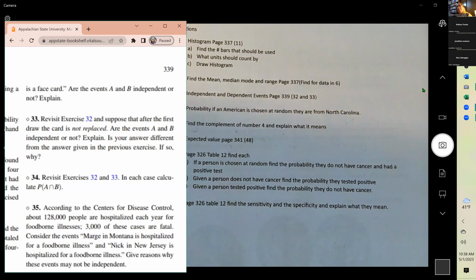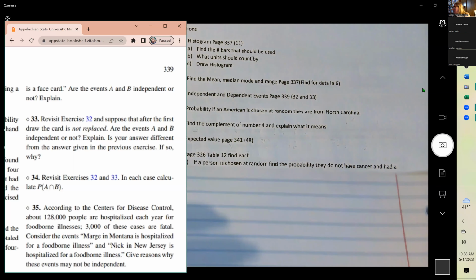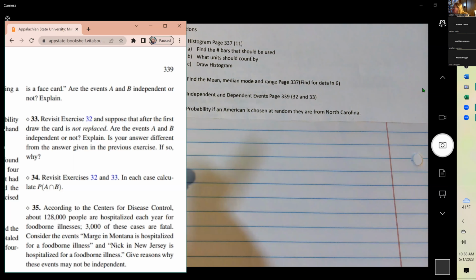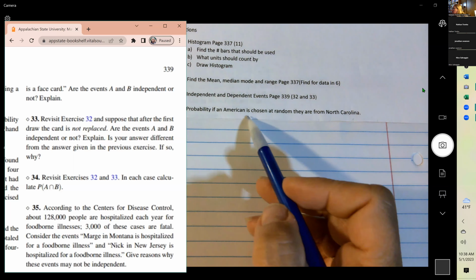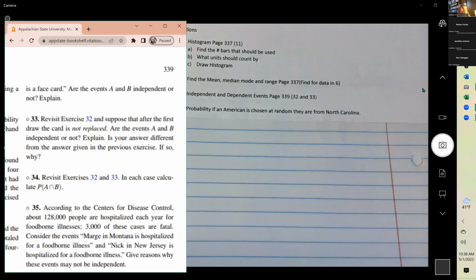Positive? Probability if an American is chosen at random, they are from North Carolina. Now, of course, you can look these up, but remember the values you should have an estimate for are the number of Americans and the population of the world.